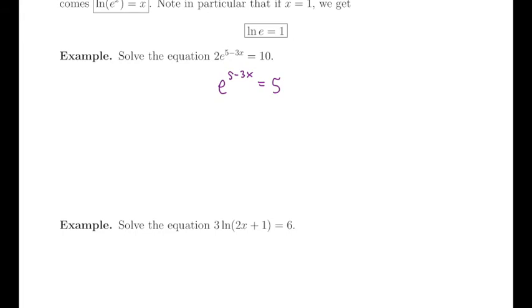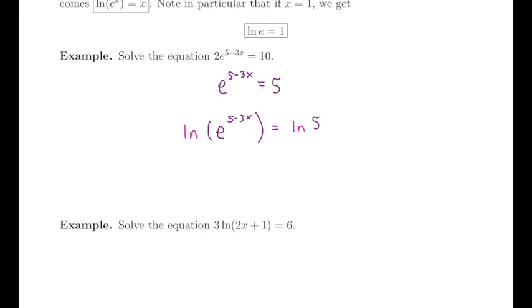So when I do that, I get ln of e to the 5 minus 3x is equal to ln 5. And hopefully it's obvious now why I did that. The ln and the e have the effect of canceling out.